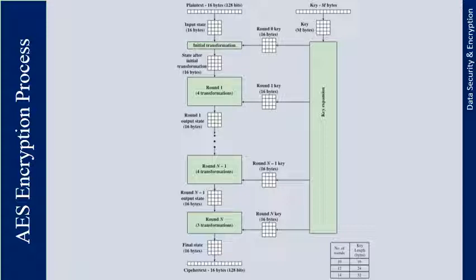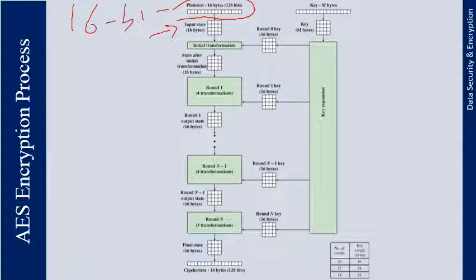This figure shows the overall structure of the Advanced Encryption Standard algorithm encryption process. The cipher takes a plaintext block size of 128 bits, or in other words 16 bytes. The initial state vector is a 16 byte vector, formulated in a 4 by 4 grid.